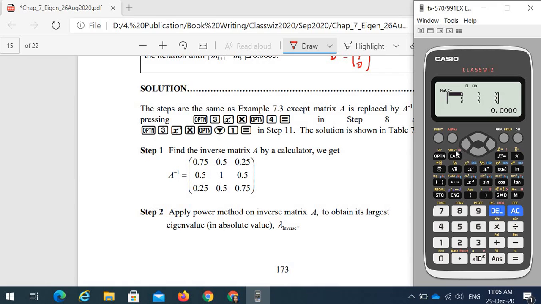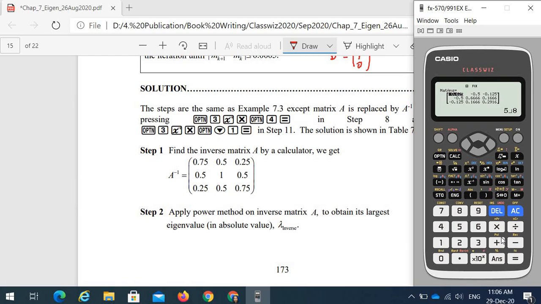I want to do the inverse. So options, matrix calculation, options again. Matrix A is number 3. I want to do the inverse. So this is a matrix answer, my matrix A inverse.